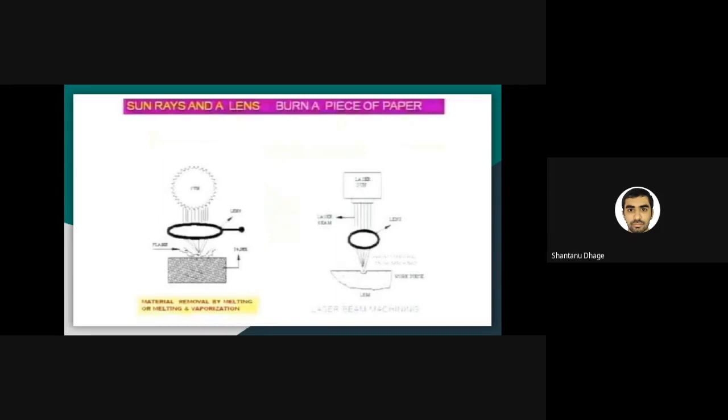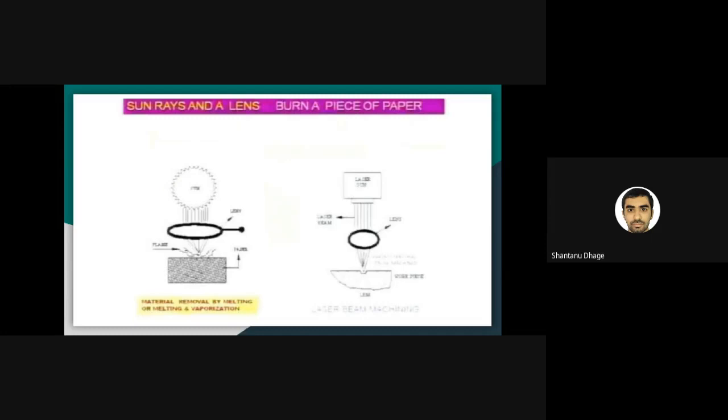We didn't know the phenomenon behind it. Actually, the phenomenon is that with the help of the lens, the sun rays are concentrated at a small point, and the intensity at that particular point is so high that the paper starts burning.